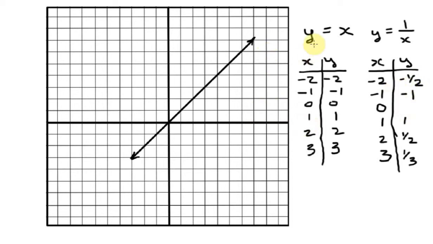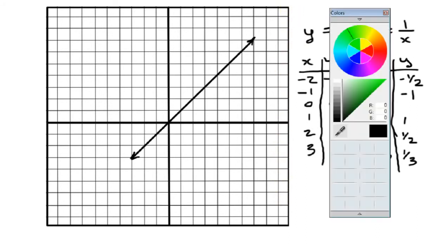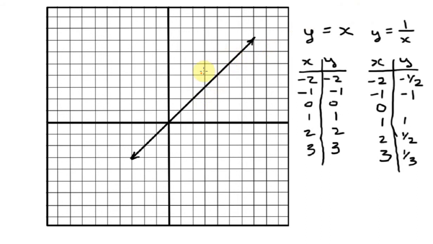Now let's see, maybe I'll change colors here. Maybe red would be a good color for this. Okay, back to what those points are. So we have a new point, (-2, -0.5). So it's right about there. Then we have the point (-1, -1).